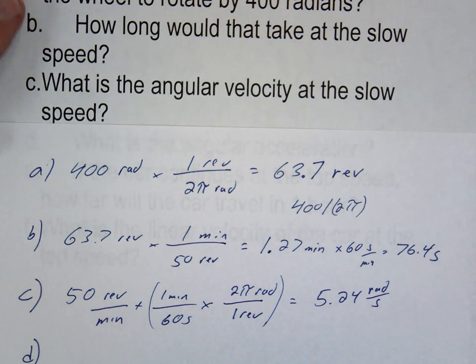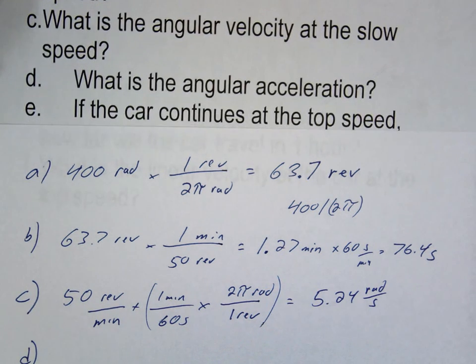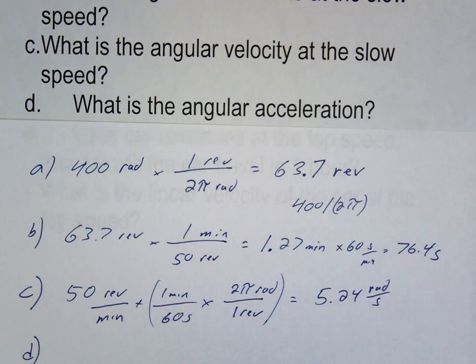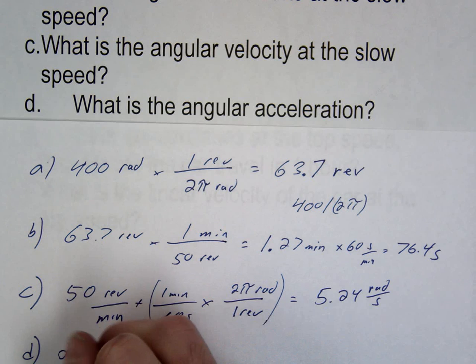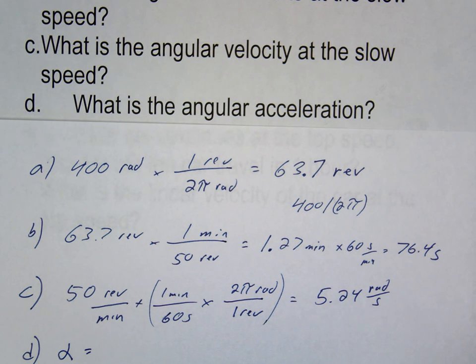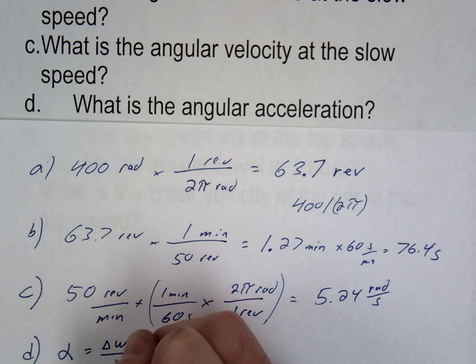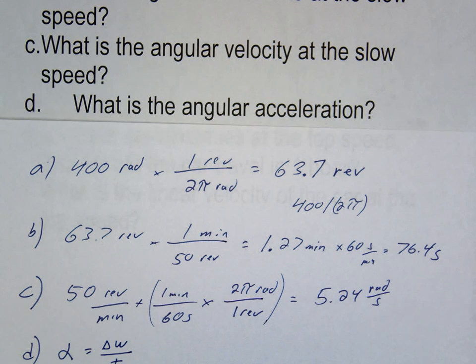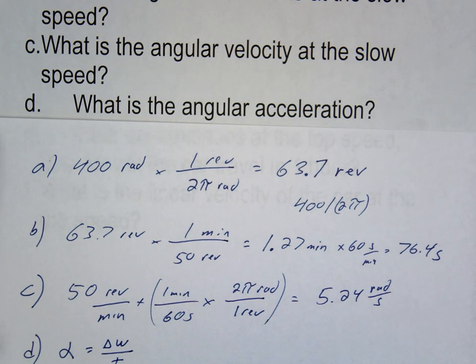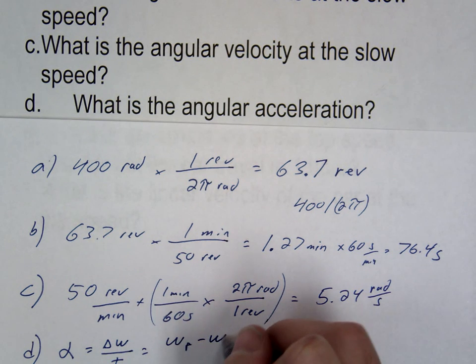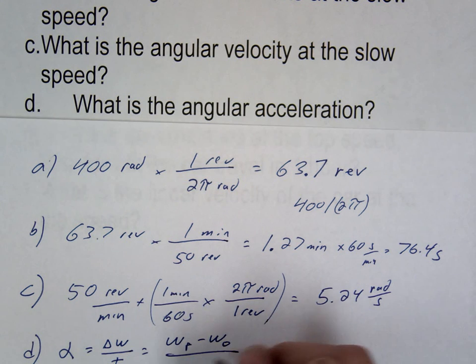Okay, letter D. What is the angular acceleration? All right, how do we find angular acceleration? Alpha equals delta omega over t. Okay, or we could also write this as omega final minus omega initial over t.